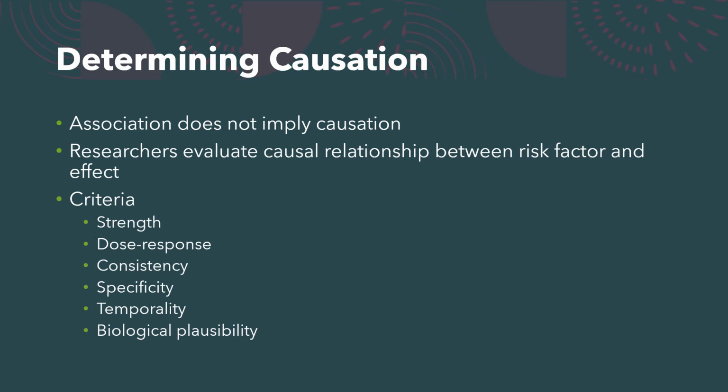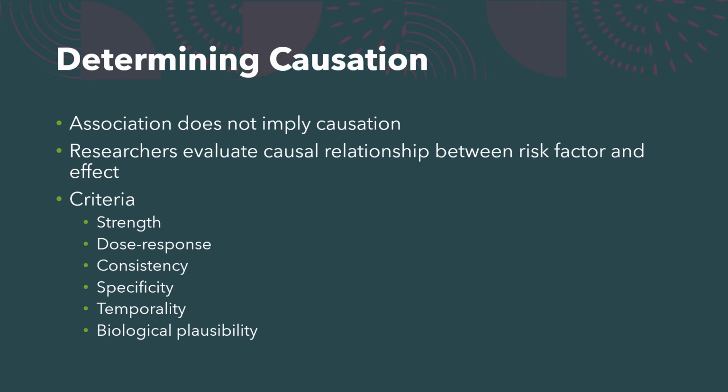We can talk about the risk: being exposed to something doubles your risk or triples your risk, or causes your risk to increase by 6 or 7 times. So the strength of that relationship, the more that exposure to something increases your risk of getting a disease, that's a key factor.